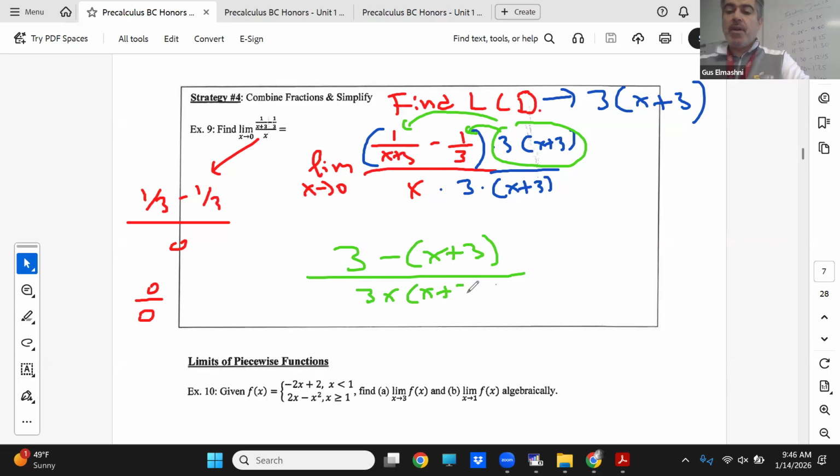Again, the x is an issue right now on the bottom. Now, we can clean it up. If you clean it up, you should get this, right? The limit of what over what? Negative x. Cool with that?